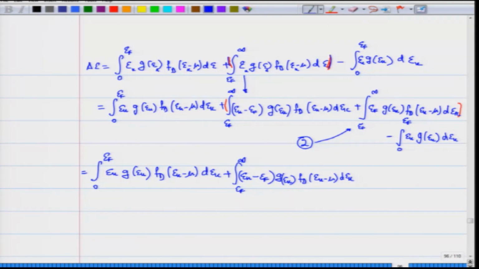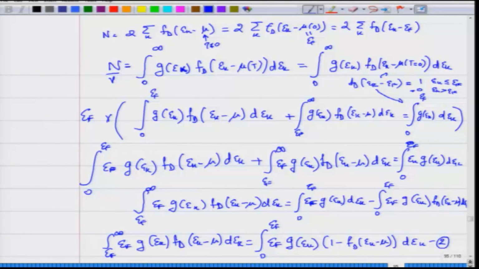And now this term is going to be replaced by the term which I have already derived here, EF G(Ek) (1 minus F_D) dEk. This term is going to be replaced by this.